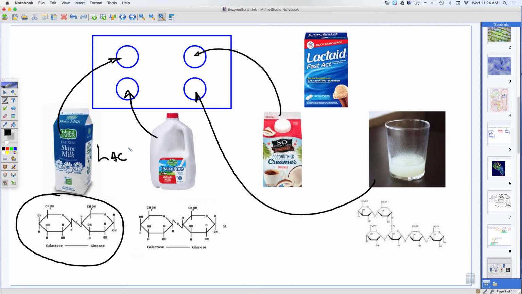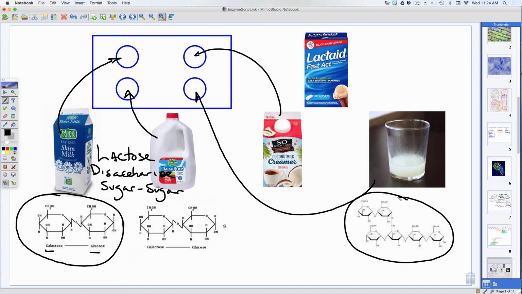So dairy products have something called lactose, which is a disaccharide, which means that it is a sugar bonded to a sugar. And here the sugar is glucose and galactose. I don't know what's in the coconut milk, but I know it's not lactose.